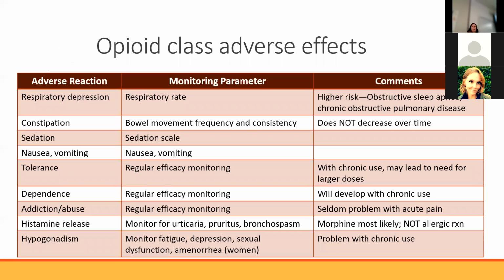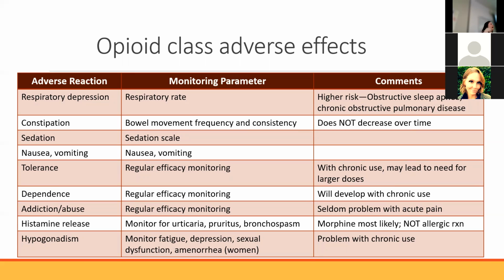As far as adverse effects, respiratory depression, it's respiratory rate. And it actually is your body, you can't recognize your carbon dioxide levels going up, so you don't feel the need to breathe. You don't become tolerant to that.